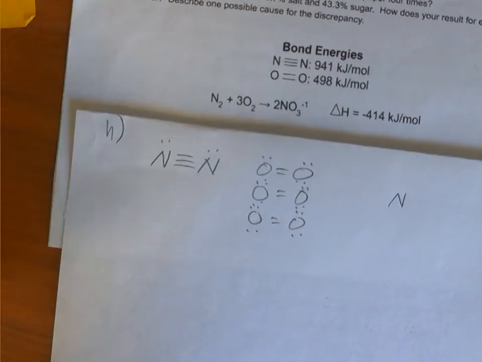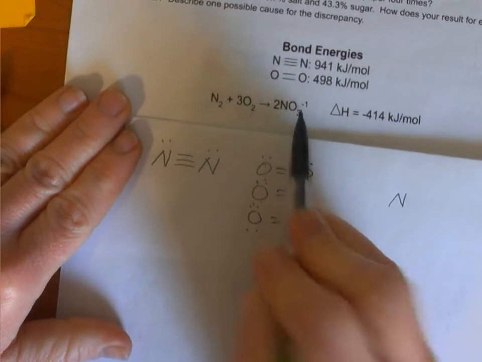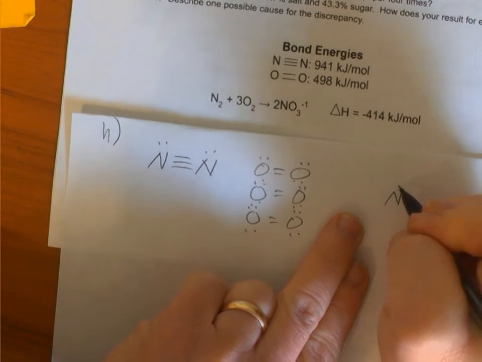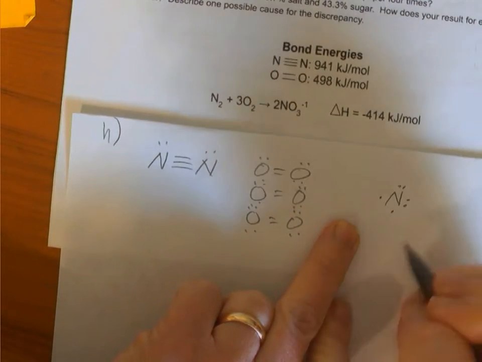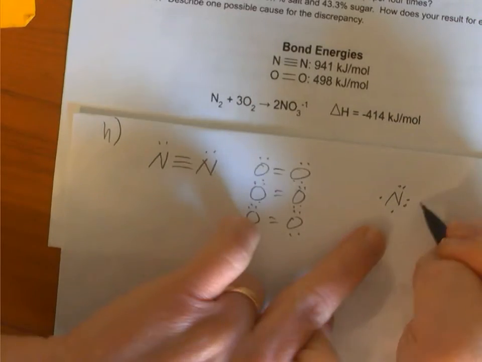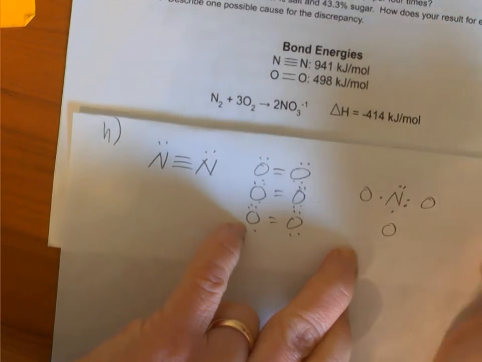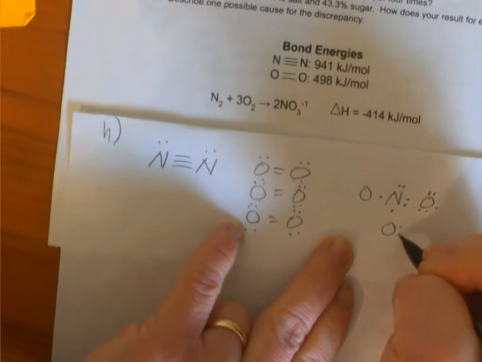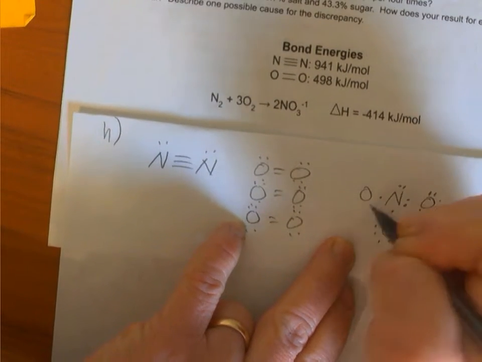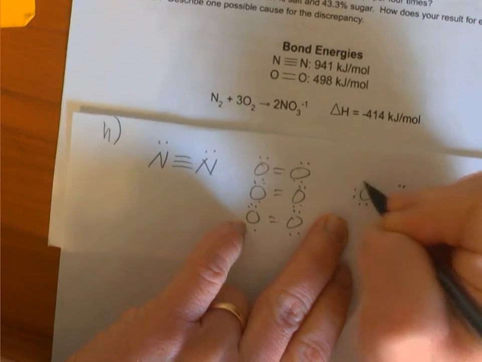Now, nitrate. So we're going to start by assigning nitrogen 6 valence electrons. All right. And then it's being bonded to 3 oxygens. Now we know each oxygen brings in 6. Now, nitrogen and oxygen never exceed the octet rule.